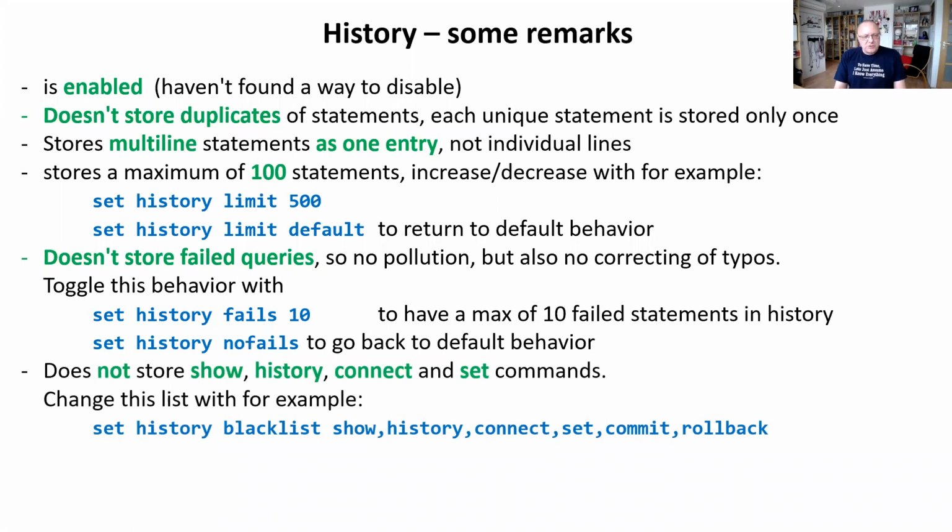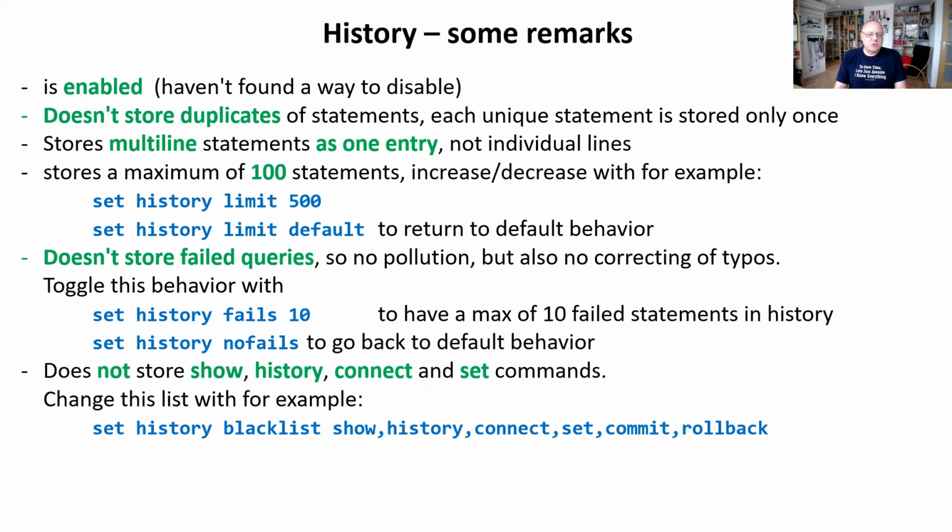By default, it does not store show, history, connect and set commands. Well, connect, I think, is a very wise thing to not store in your history, because it may have password information in there. So I think that's a good thing. Other things maybe you do want in there. Maybe there are other commands that you don't want in your history too.